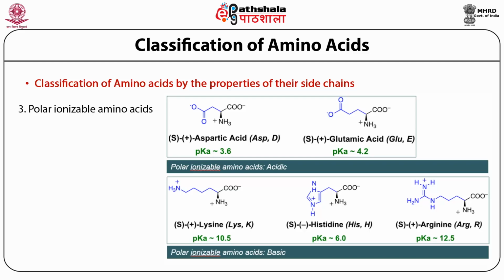The examples include aspartic acid and glutamic acid, which have the ionizable carboxylic acid group, and lysine, histidine and arginine, which have the polar ionizable amino group. This shows the basic property, whereas the amino acids which have the acidic group show the acidic property.